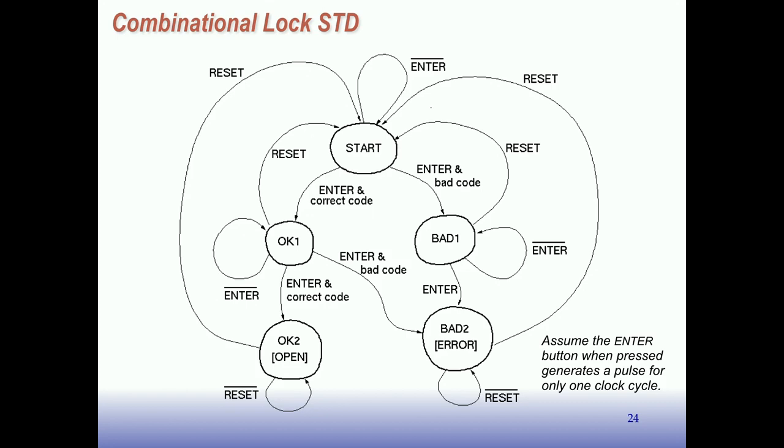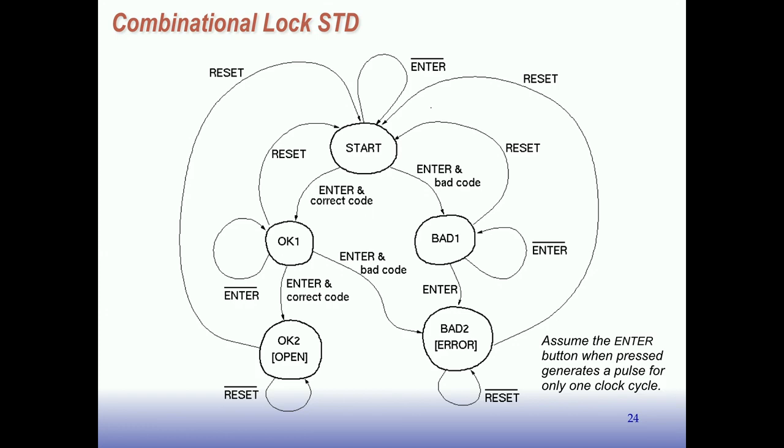Now, I say enter bar here, this means enter is equal to 0. As long as enter is not pressed, we just stay in this state. So the clock is going, so we have to make a decision on what to do on every clock cycle. The clock's going, but as long as enter is 0, nothing happens.